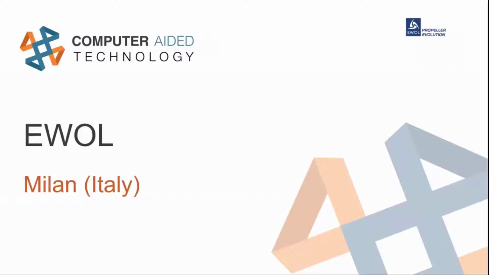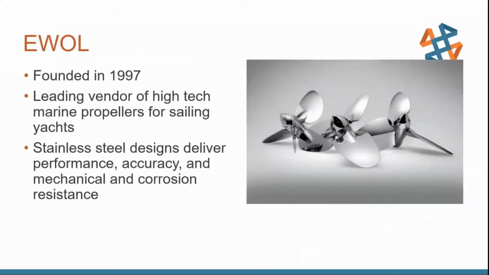This is a pretty neat application for some larger parts that are made by a company in Italy, UWOL. They were founded a while ago, in '97, and basically they do high-end yacht propellers. Kind of the thing you'd expect out of Italy, some high-end luxury goods.